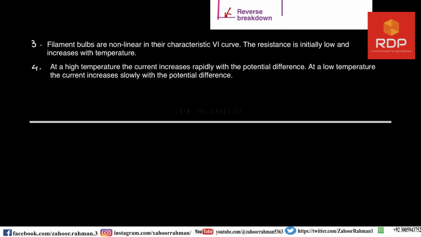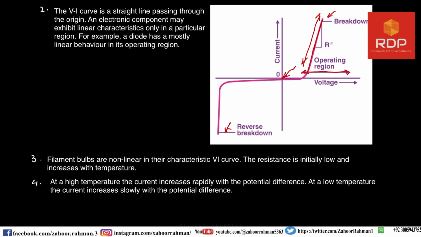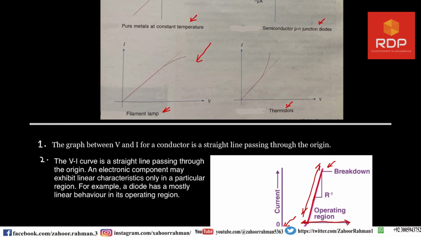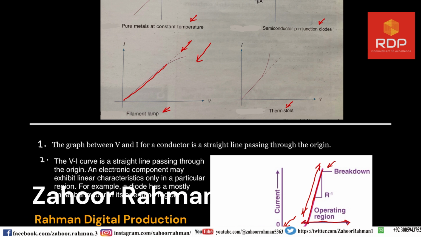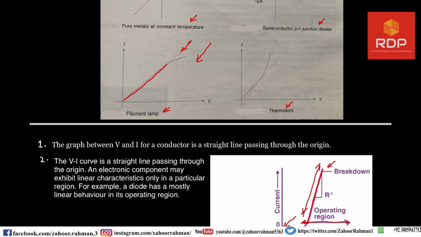Now the next one is a filament, and you can see that in the filament that is also a straight line. This is the trend line, but after some time when the temperature is high, the filament shows that the current is almost the same while the voltage is changing.